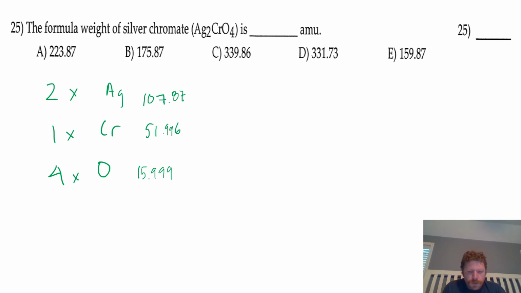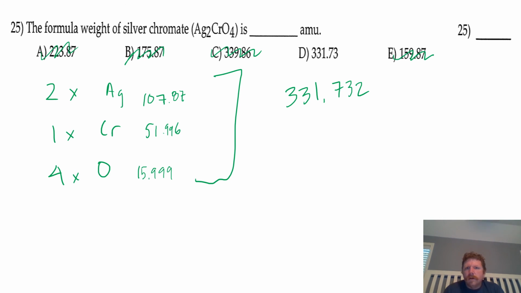Parentheses 2 times 107.87 close parentheses plus 51.996 close parentheses plus 4 times 15.999 close parentheses equals, all told, 331.732. Okay, so 331, A is out, B is out, C is out, E is out. I'm left with answer option D.